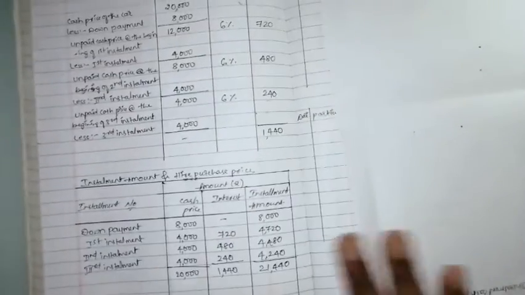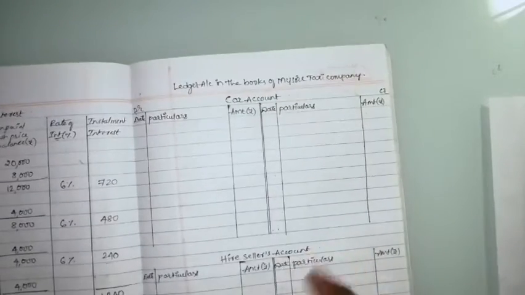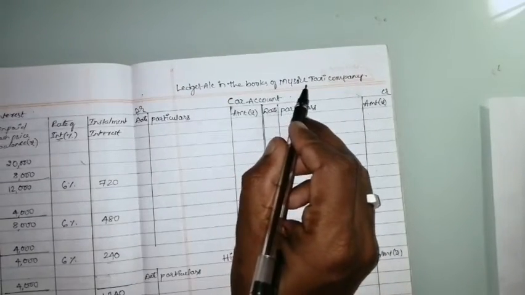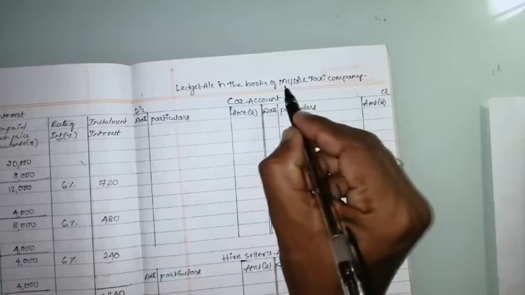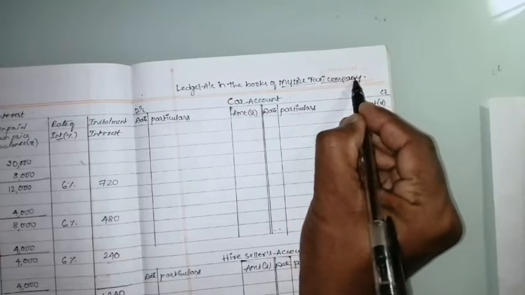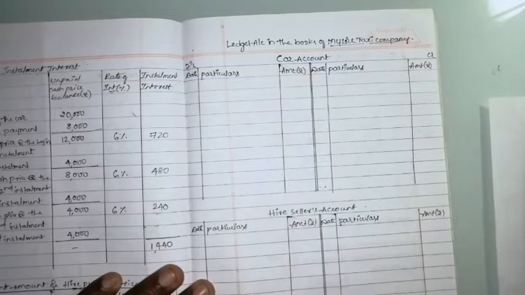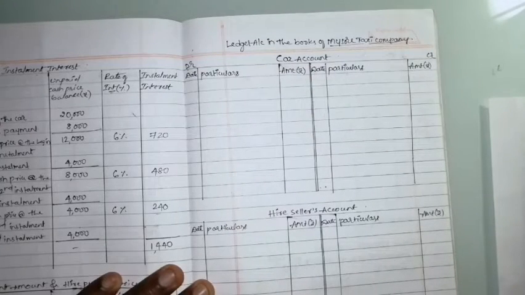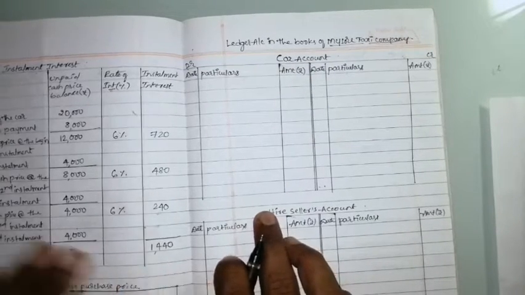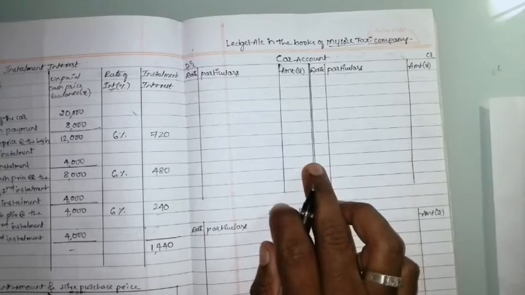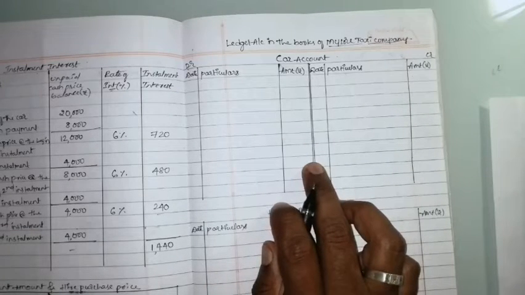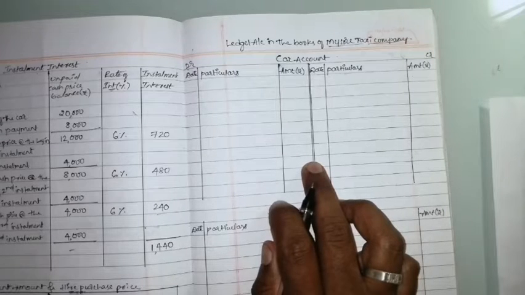Clear? Now move towards the ledger accounts. Ledger account in the books of Mysore Taxi Company. Mysore Taxi Company is the hire purchaser. So first we need to prepare the car account. When the entry is passed, car account, meaning assets account, debit to hire seller account.